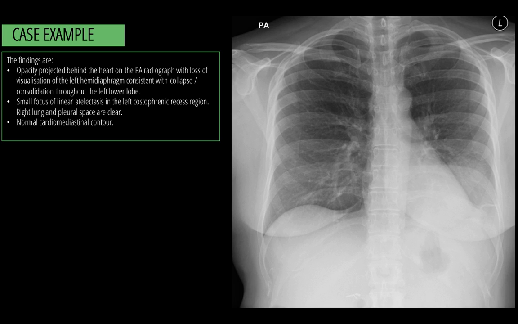A 50-year-old female has presented with shortness of breath as well as fever and rigors. So what we can see here, if we start with assessing our airways, we can clearly see our trachea, the carina, your right and left main bronchus. So there doesn't appear to be any deviation of the airways.